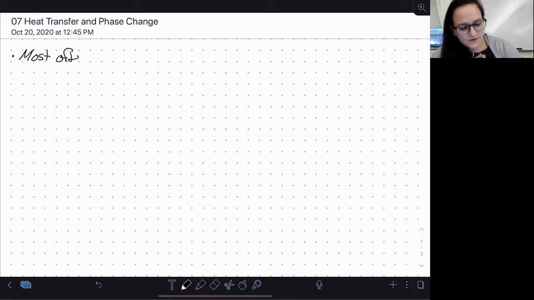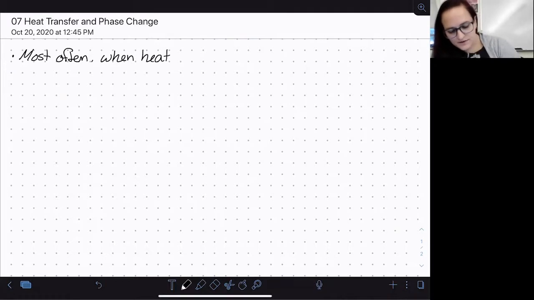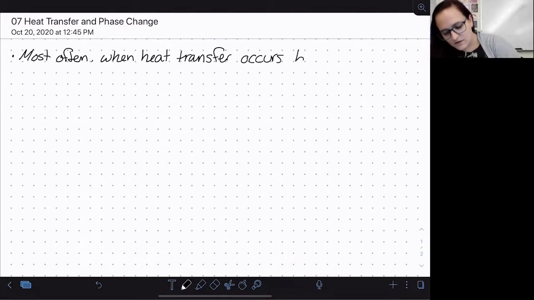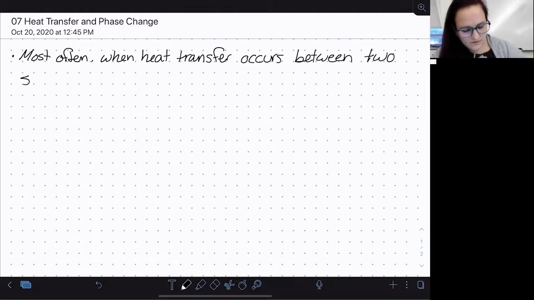And temperature changes because kinetic energy has changed. So most often, when heat transfer occurs between two different substances, it's the kinetic energy that changes.